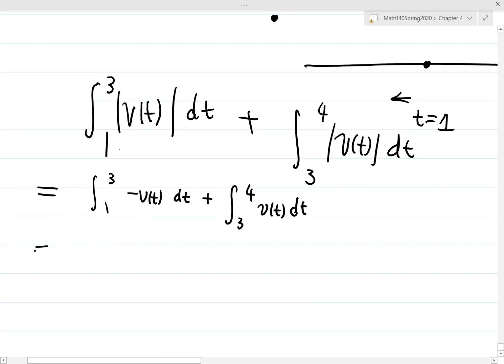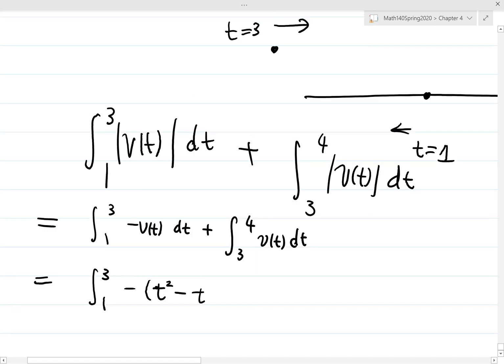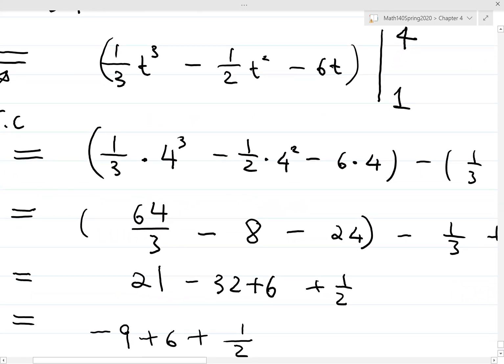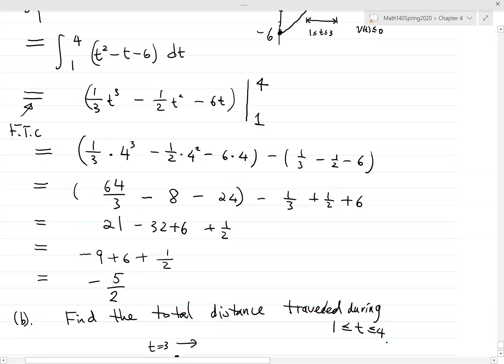So we want 1 to 4. Okay, that's right. So this will be, from 1 to 3, negative t squared minus t... Okay, sorry, I did forget something. Yes, that's correct.